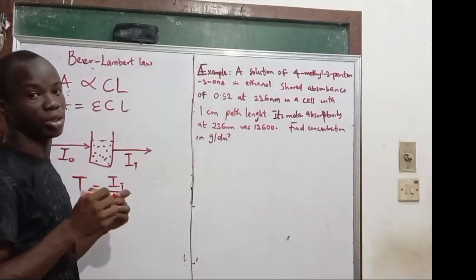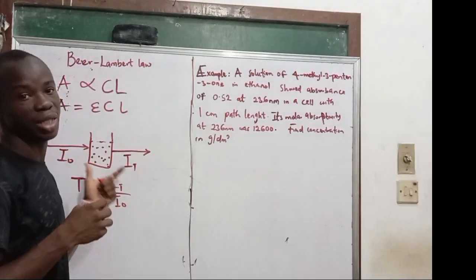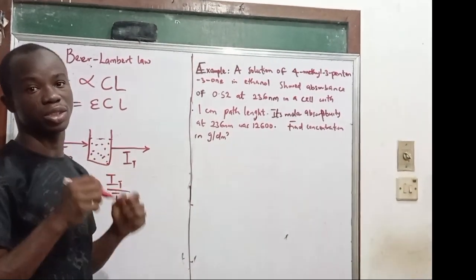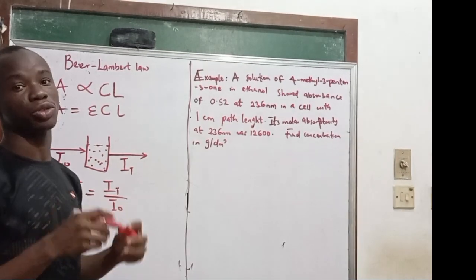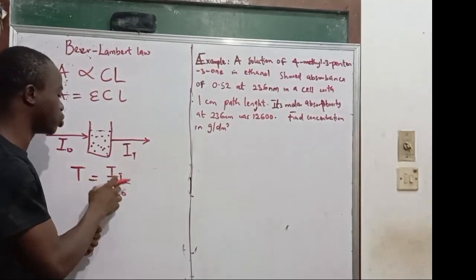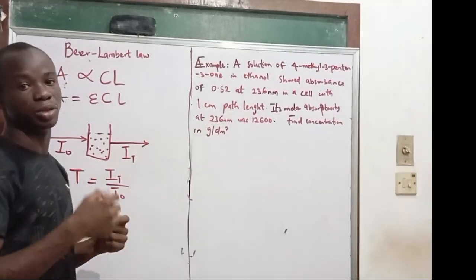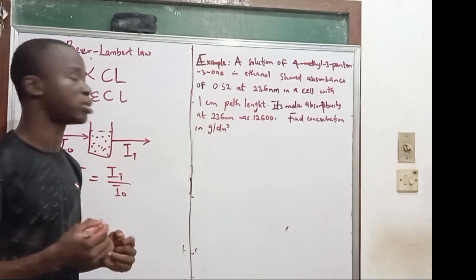Now, transmittance helps us to know how much of the light that is incident on solution is transmitted, but most times it's given in percentage. So by the time you find the ratio of transmitted light to the intensity of the incident light, you can report your answer in percentage.